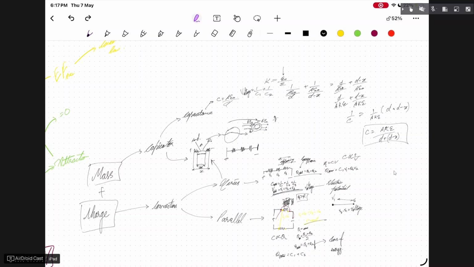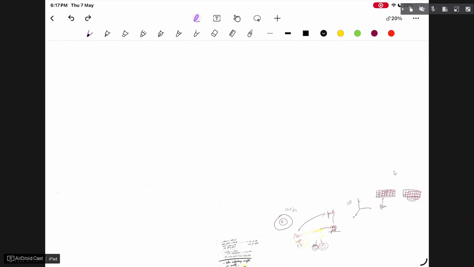What else do we have left? Okay, wait, we have capacitance, two things, and then that. Not everything is clear.